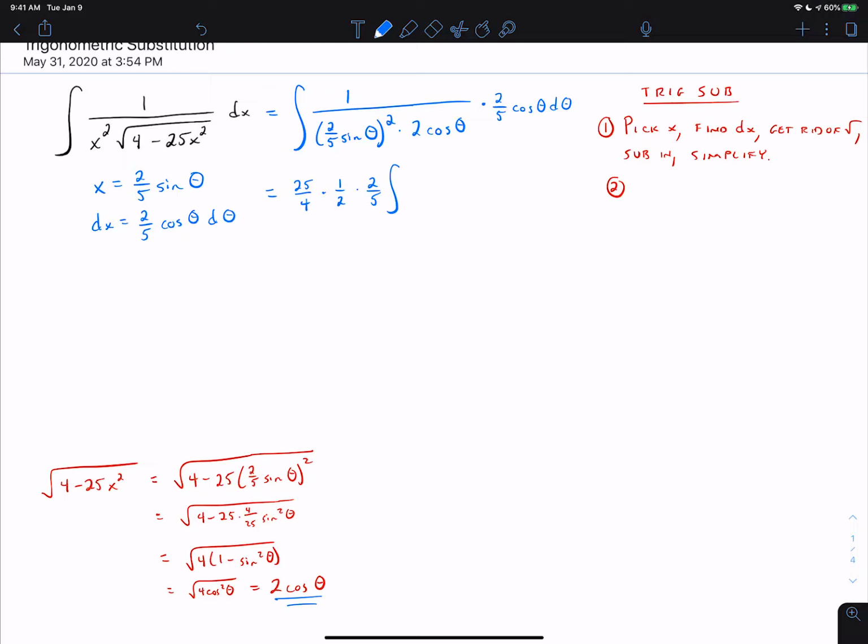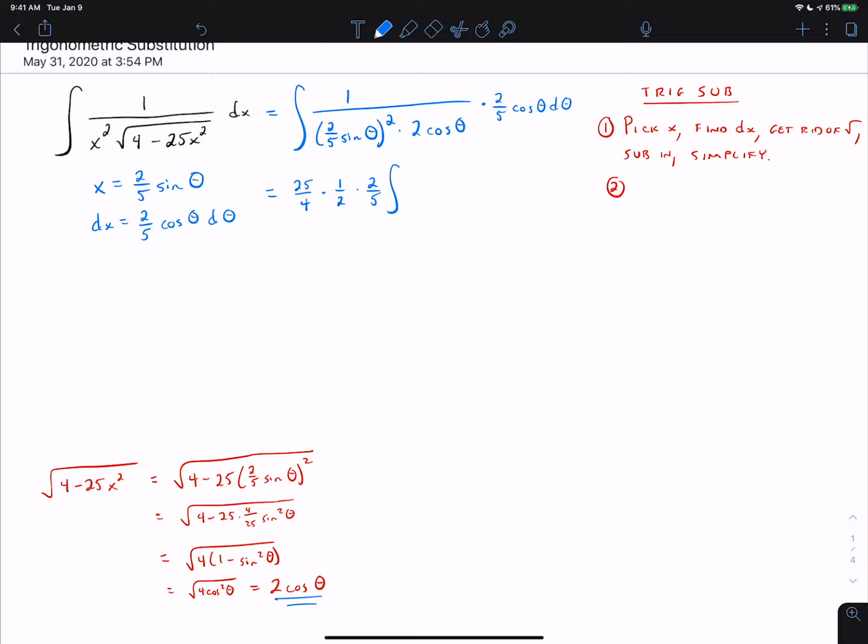Remember, this is different from u substitution. On u sub, you multiply outside by the reciprocals because you're putting something in that wasn't there to begin with. Here, you're replacing the stuff that was already there with whatever they're equal to. So the 2/5 that we're pulling out and the 2 on the bottom that we're pulling out are in the problem, and we're just removing them and factoring them out of the integral.